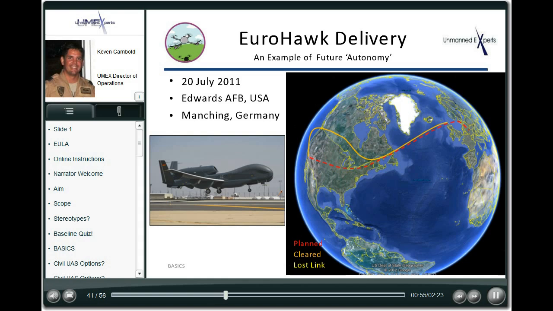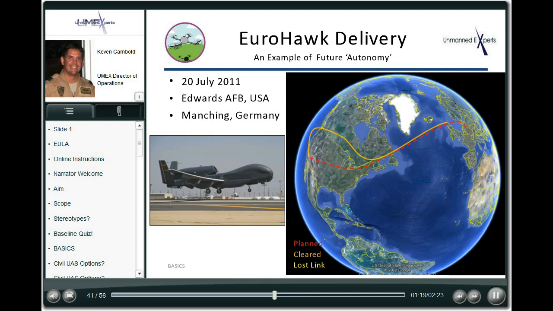Unfortunately, what actually happened was when the FAA got wind, even though it had been cleared, that some of the operators were not Americans, they refused to let it fly in US airspace and therefore punted it out into the Pacific until it cleared into Canadian airspace, at which point it was able to fly all the way home.